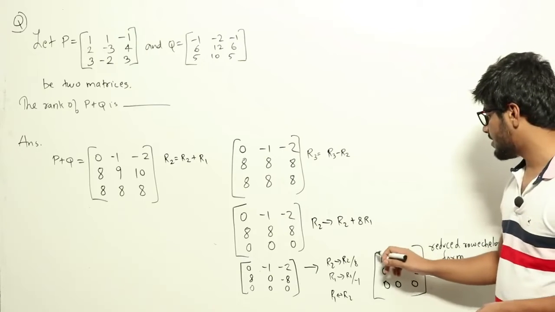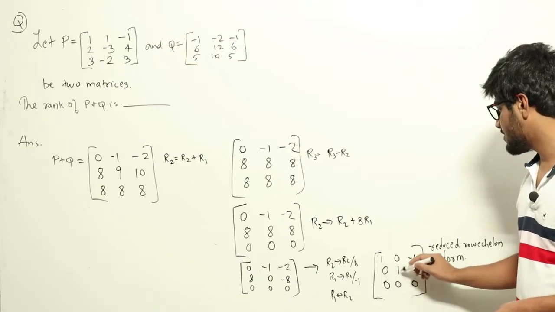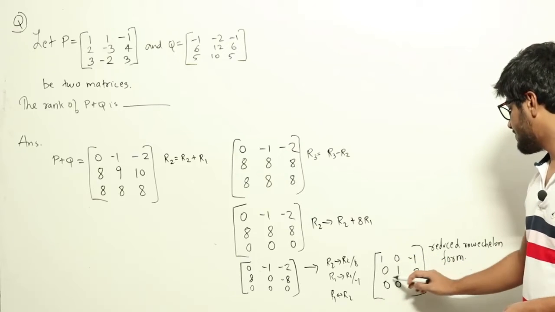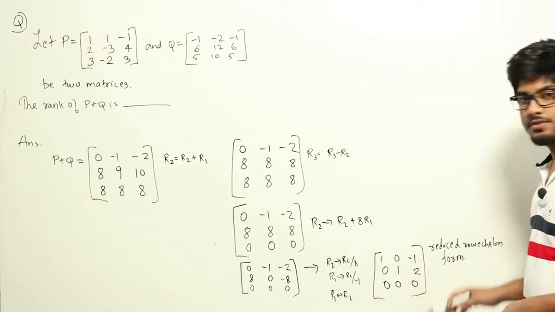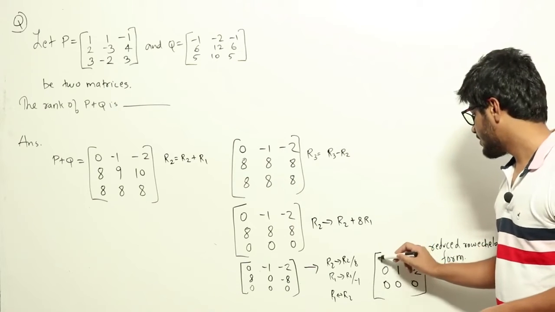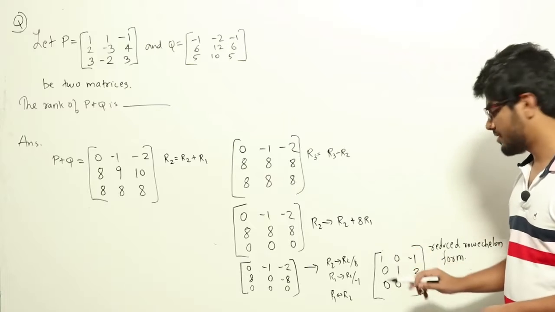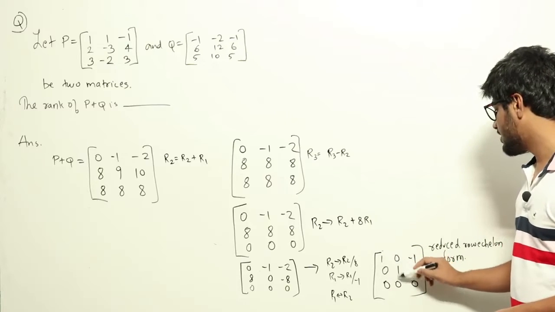So this has 0 zeros before the first non-zero one, this has 1 zero before the first non-zero element, and this has all zeros, so that will be the last row. Also in this row, this is 1, and in this entire column this is the only non-zero one. Here also in this column this is the only non-zero one.